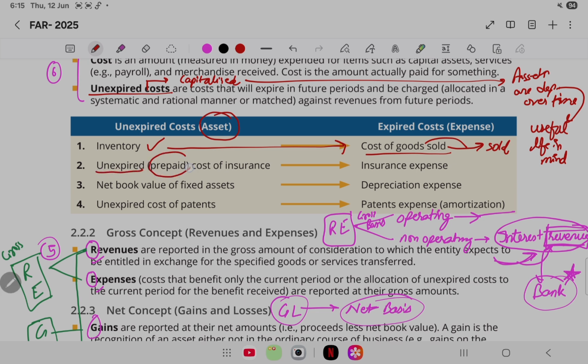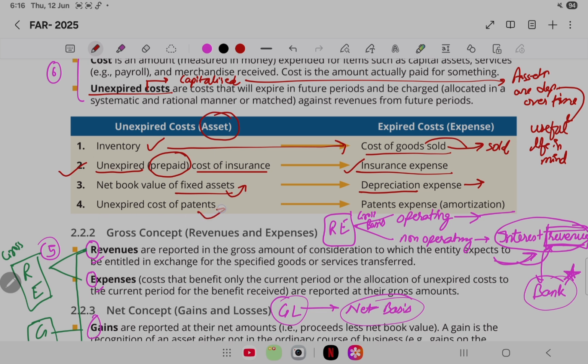Unexpired could be a prepaid cost for insurance, and when we pay the premium, that is unexpired cost. But when we know that we are not getting anything in return, it will be an insurance expense. Net book value of fixed assets is unexpired because we are going to use it in future, and the depreciation we have used in the year is expired.